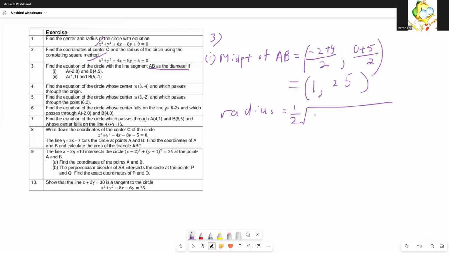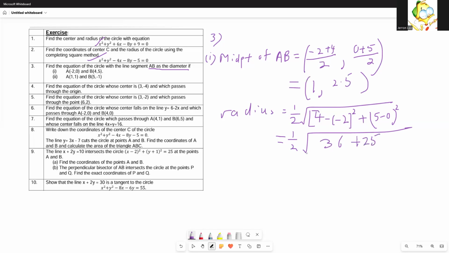You find the difference between the x values, so it's 4 minus (-2), whole thing to the power of 2. And we can do the difference between y as well, so that will be 5 minus 0, whole thing to the power of 2. Very quickly, let me just work it out. That will be the square root of 4 plus 2, which is 6, and 6 to the power of 2 is 36, plus 25.